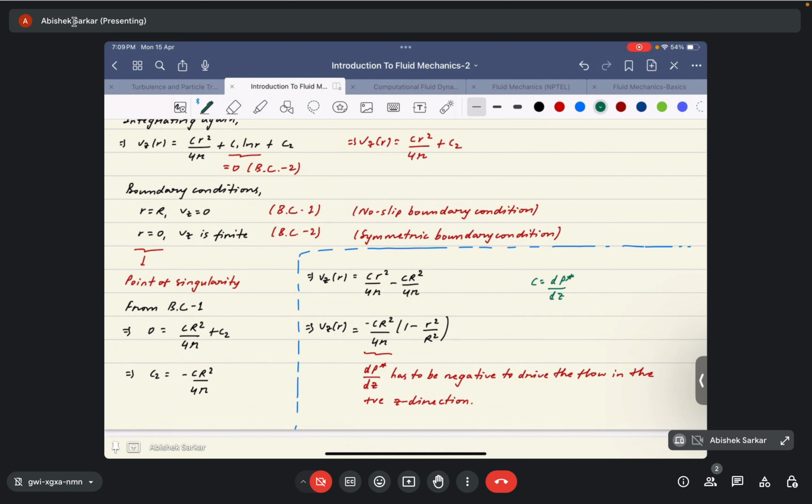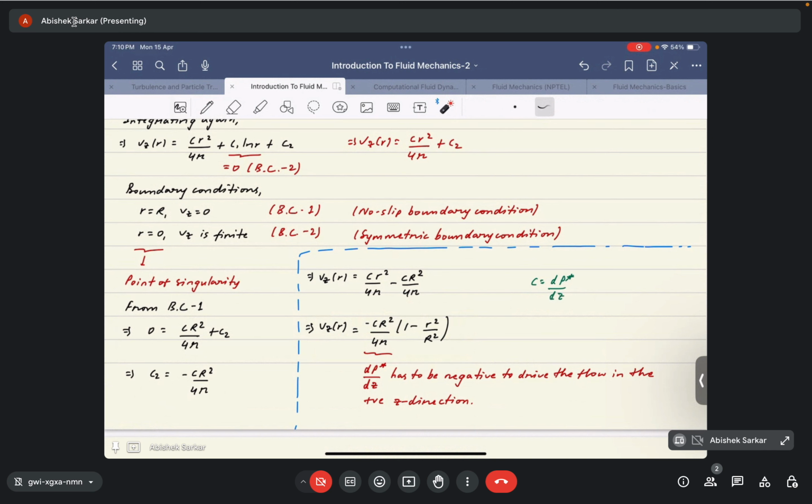Okay, so now from this equation we see that there is a minus sign in front of c. Moreover, we also know that small r is always less than or equal to capital R, so the term 1 minus r square by R square has to be positive.